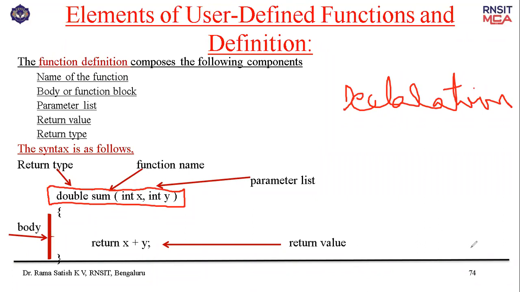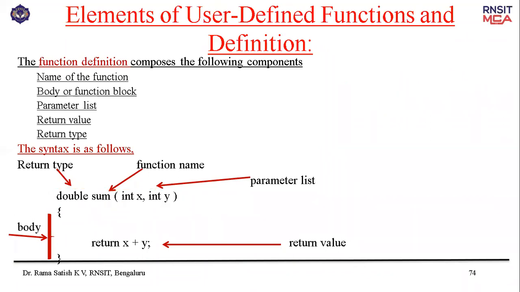So let us look into more details about arguments and parameter list. Many times students get confused. Sir, what is the difference between parameters and arguments? Here is the answer. See, parameters are those values, those variables, or that list of variables that are available with the function definition.